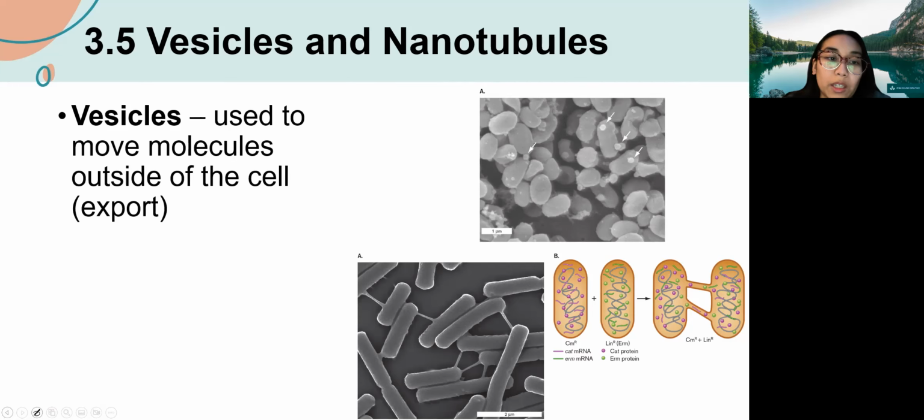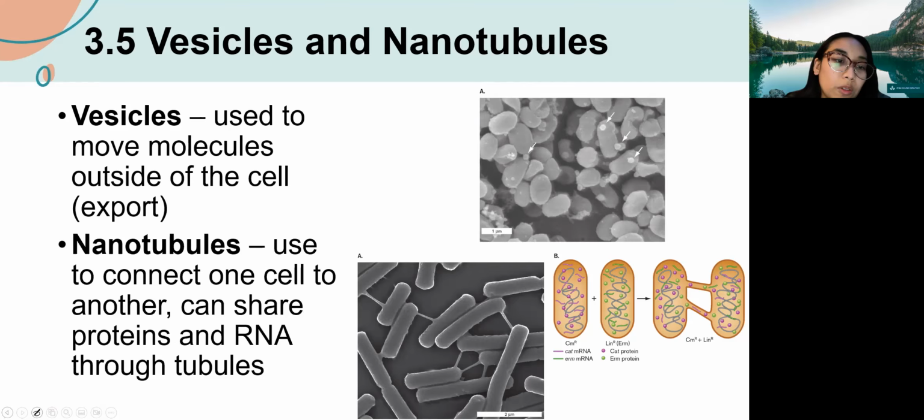And then this really cool thing, nanotubules: bacteria can actually create a tube that connects one bacteria to another. One bacteria is literally connected to another through a tube, and they can share things with each other, really crazy things like proteins or RNA.